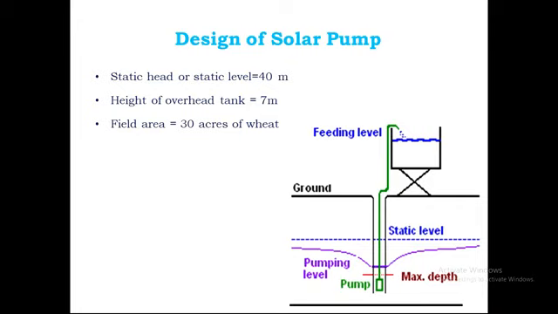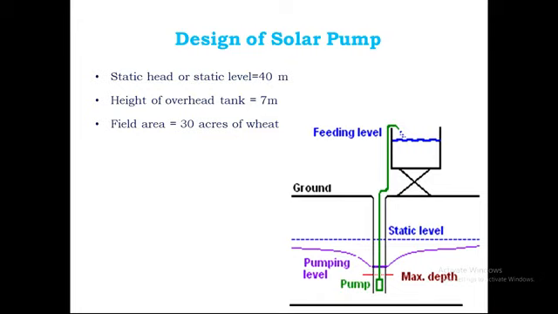So you have to add all these heads. We are choosing the static head, also called static level, as 40 meters, and the height of the overhead tank, which is the suction head, as 7 meters. And we are using this pumping water for some farm, like wheat. Here for example I am considering wheat.